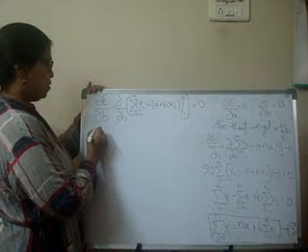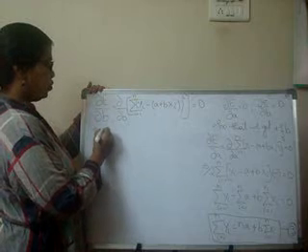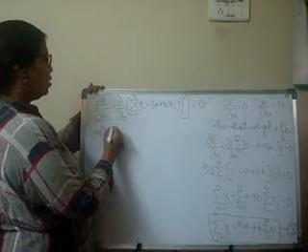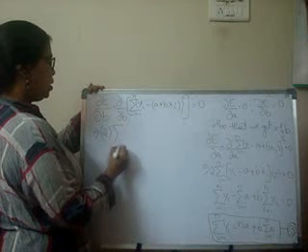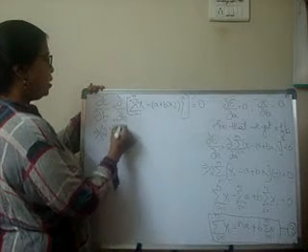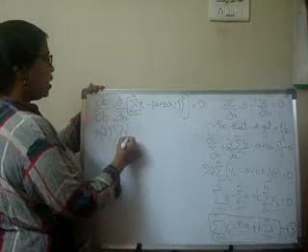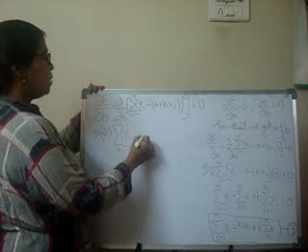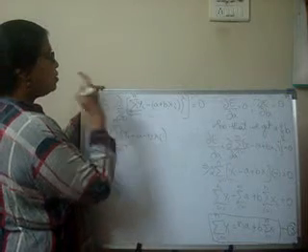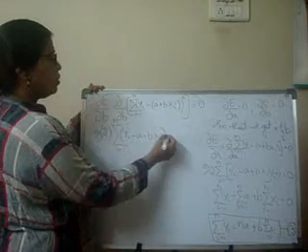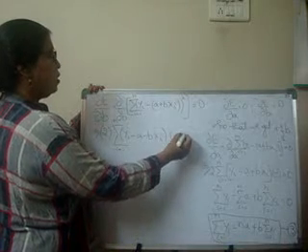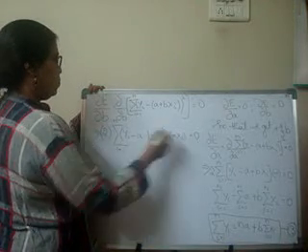This implies 2 times the summation over i going from 1 to n of (yi − a − bxi) into (−xi) equals 0.